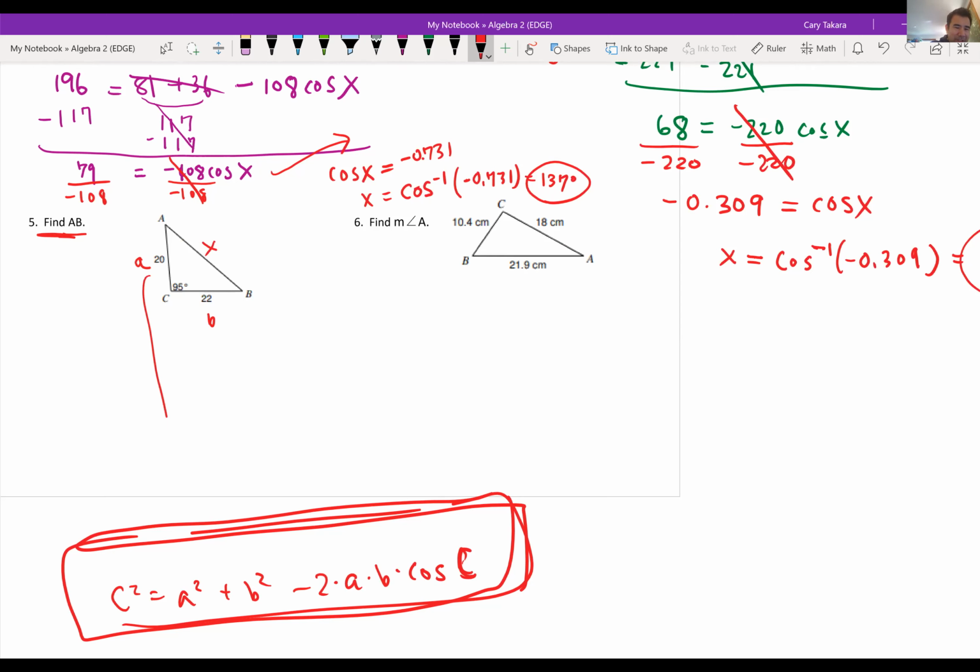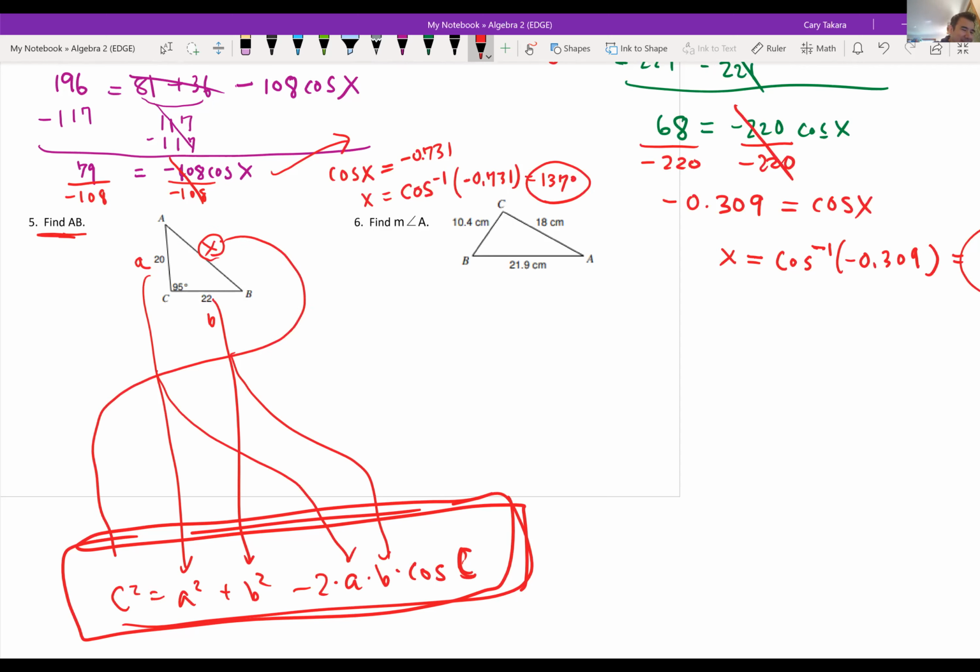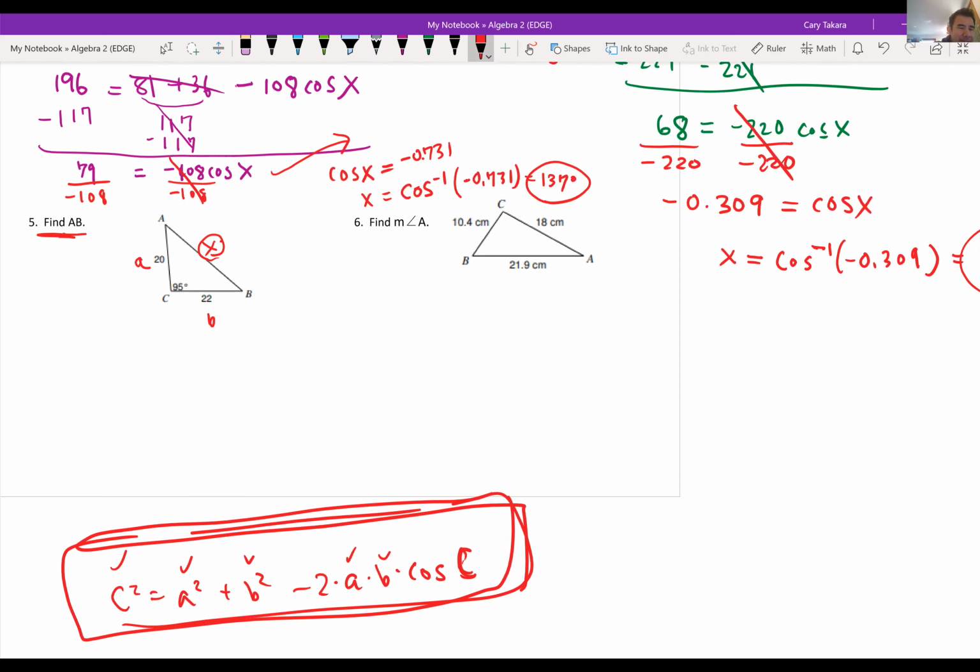So 20 will go into A, 22 will go into B, and also there's another A and another B right there. Does that make sense? So that's what you do. And then the last side, in this case, it's this X, that's C right there, little c. So the equation will be x squared equals 20 squared.